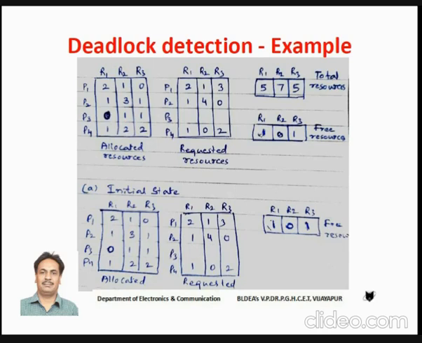For detecting the deadlock, first we analyze the allocated resources and the resources requested by the processes. We'll check whether any of the processes will be able to complete its execution with available resources.